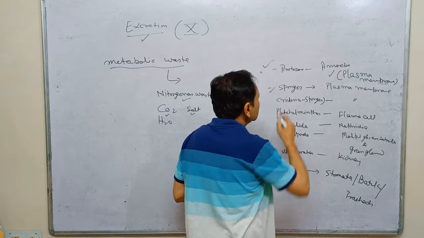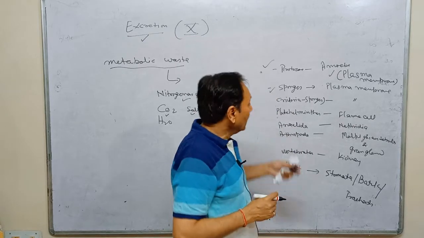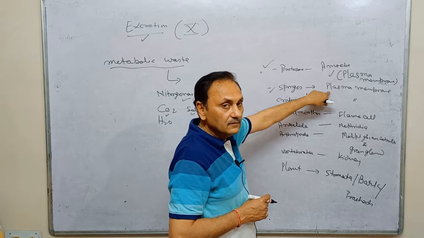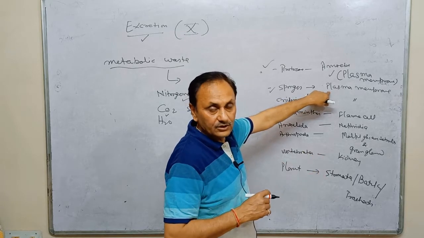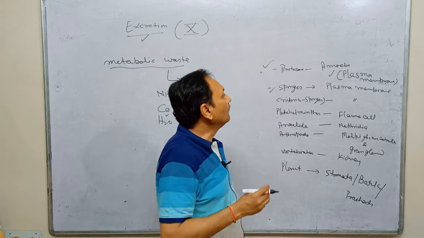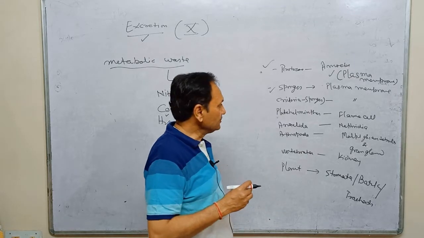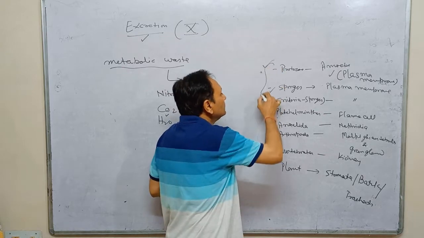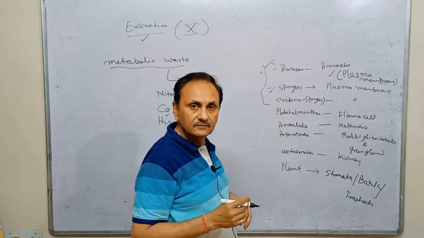In sponges, it is also the plasma membrane, the same way. There is no separate organ formed for the elimination of nitrogenous waste. In Cnidaria, all is through the plasma membrane.